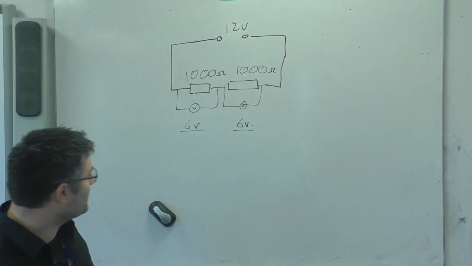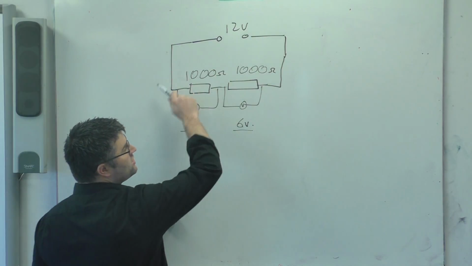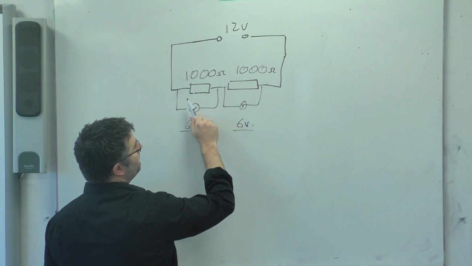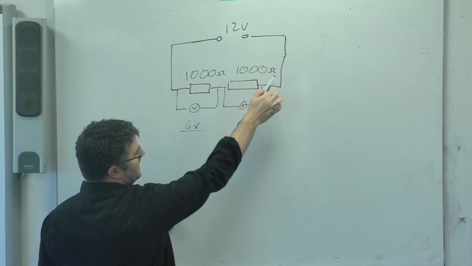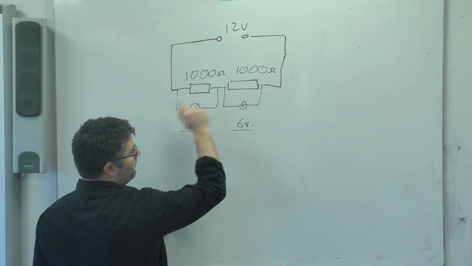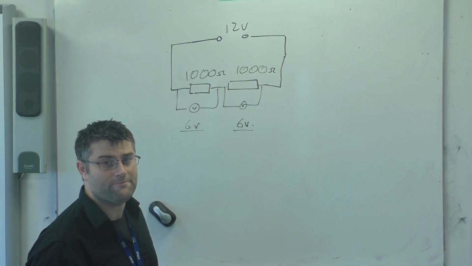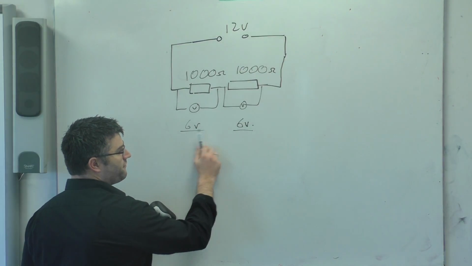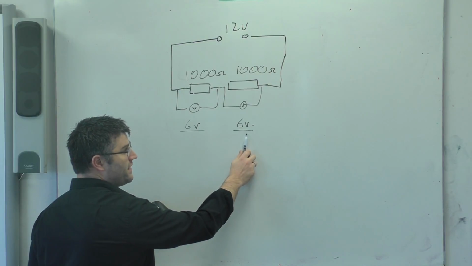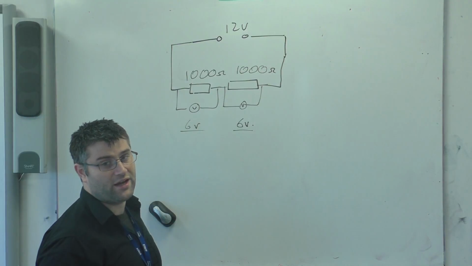We'll talk about that in a second. Why is this the same? Well, the only thing that changes in this circuit when I went from 100 ohms to 1,000, in both cases, is the current. The potential difference is not affected by the current, it's affected by the resistances that are there.